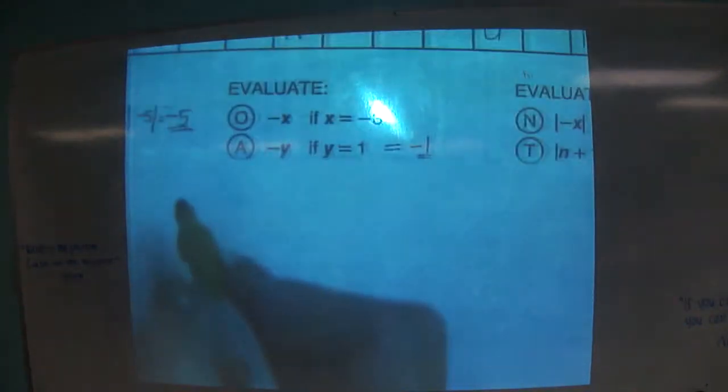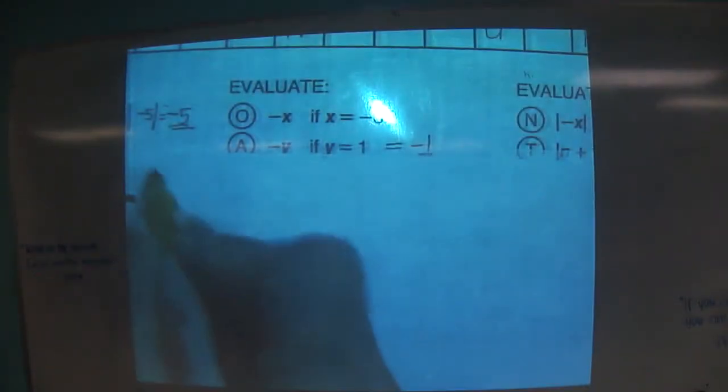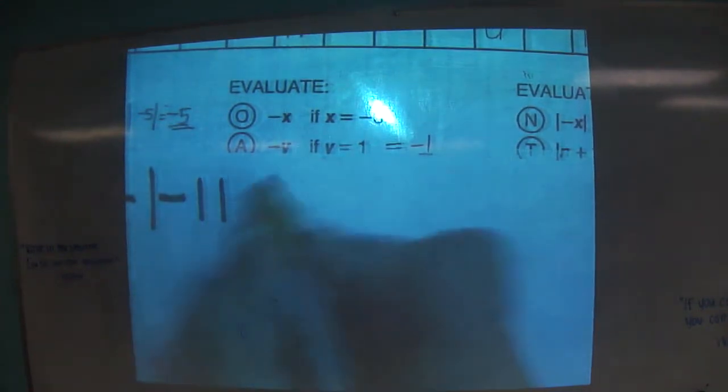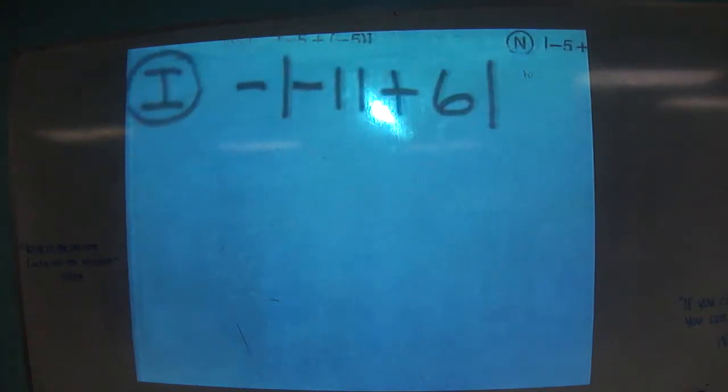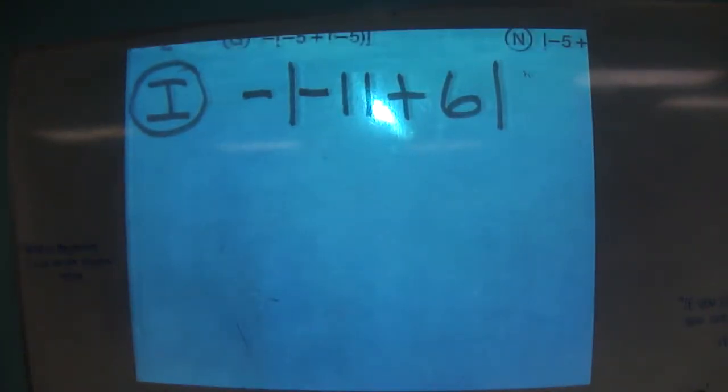Okay, so letter I down below. We're doing the opposite of, so write it right underneath, please. Now, the other thing to keep in mind: absolute value, remember when we're talking about PEMDAS, I say parentheses and other grouping symbols?